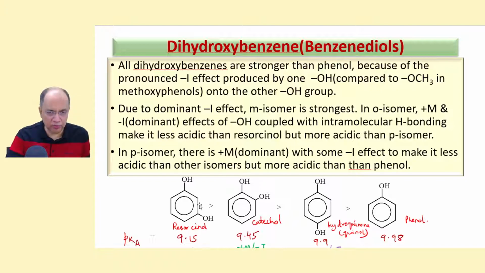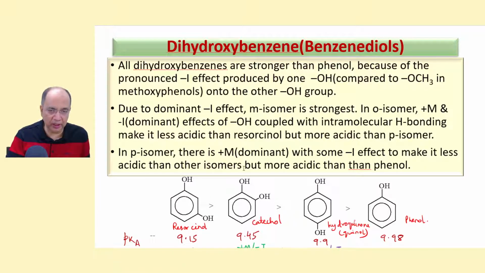Of course, most dominant is in meta position, and in ortho-para some minus I effect is nullified by plus M effect. In the ortho isomer, plus M and minus I effects of OH group coupled with intramolecular H bonding make it less acidic than resorcinol.